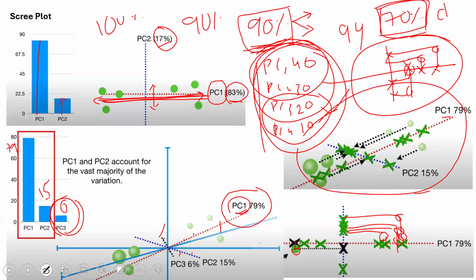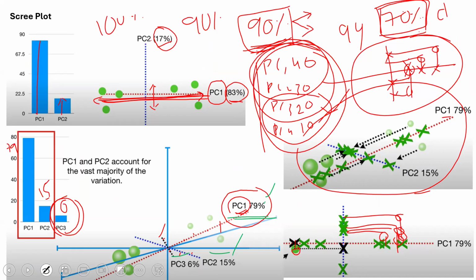Now it makes sense to you, right? Roughly 79% by the first principal component, 15% by the second, and 6% by the third. These are proportional to the eigenvalues of the covariance matrix, and when you represent this in graphical form, that becomes the scree plot.